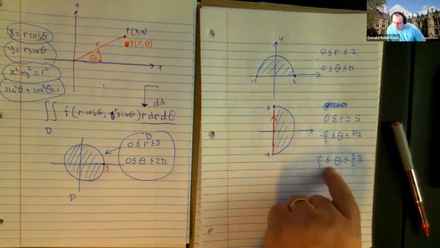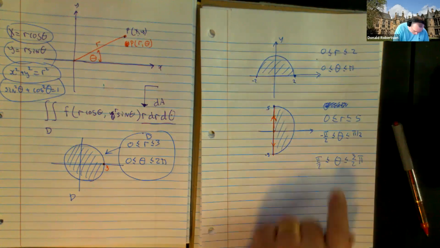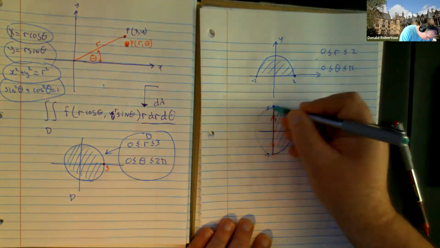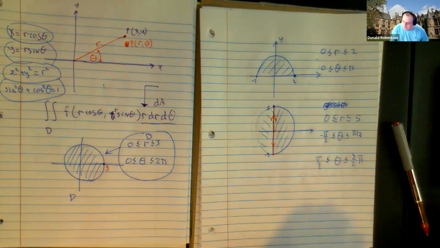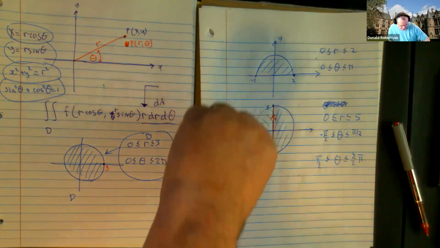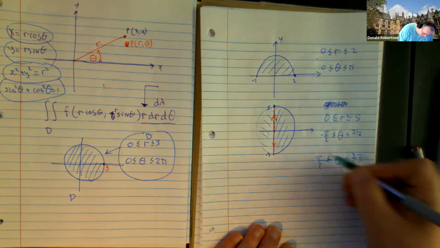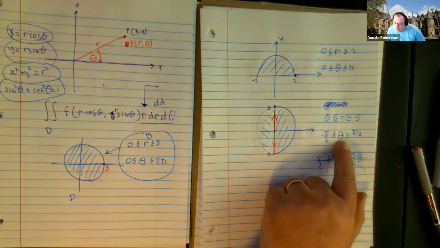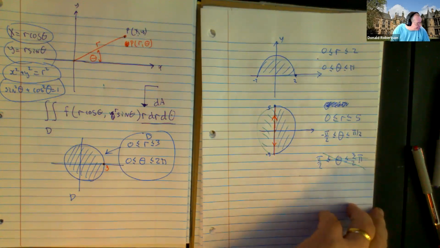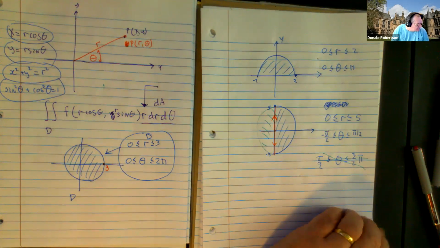But this region is not that guy. In fact, isn't this region that guy? That makes sense? Pi upon 2 to there. So this one works, that one doesn't. So far, so good. Right.